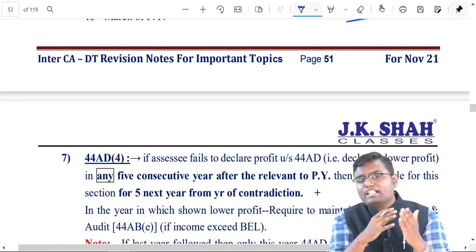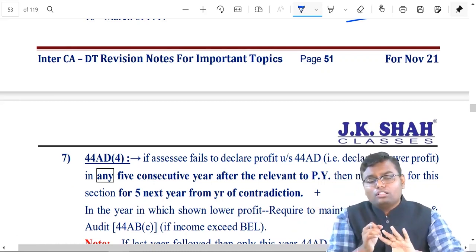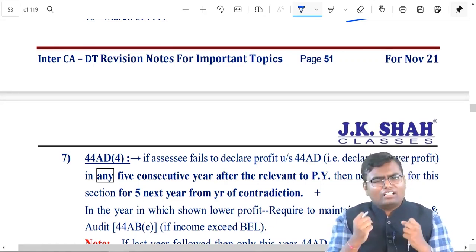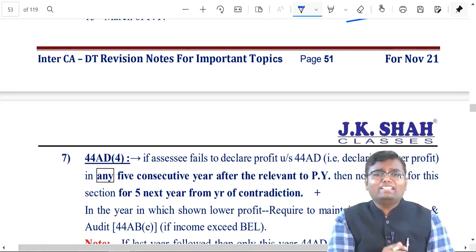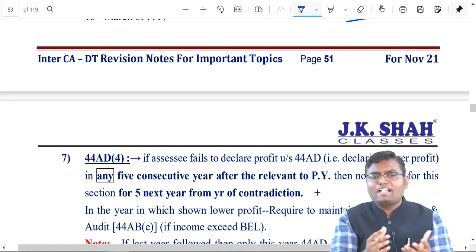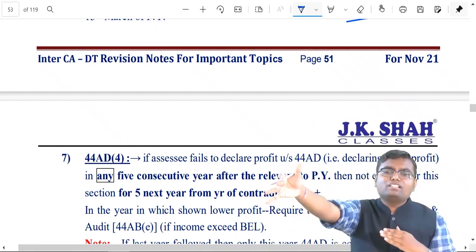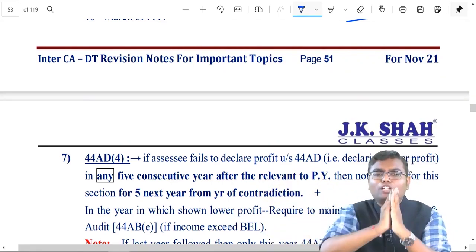If in any of those 5 years you show lower income than the minimum prescribed income, the section will get hurt. Meaning in that year you have to maintain books, you have to get yourself audited, plus after that for 5 years the doors of 44AD will be closed for you.